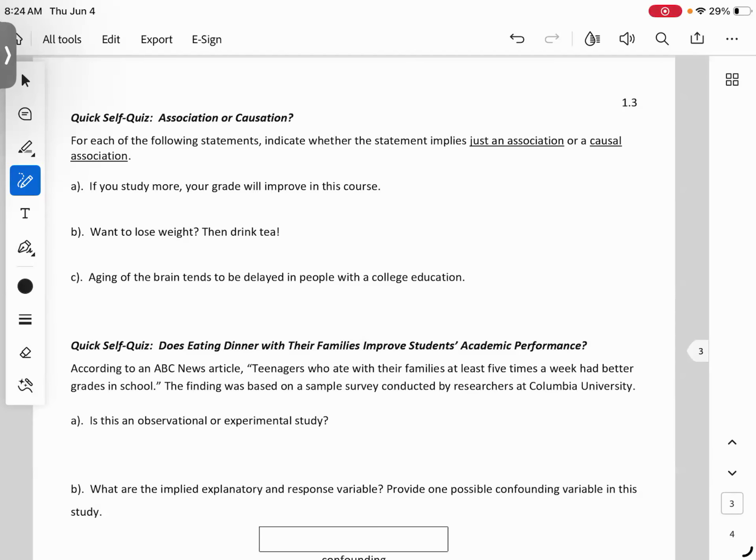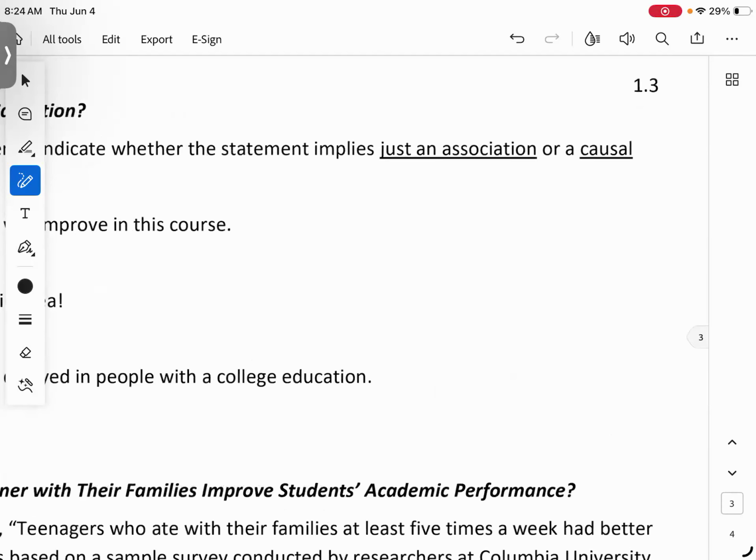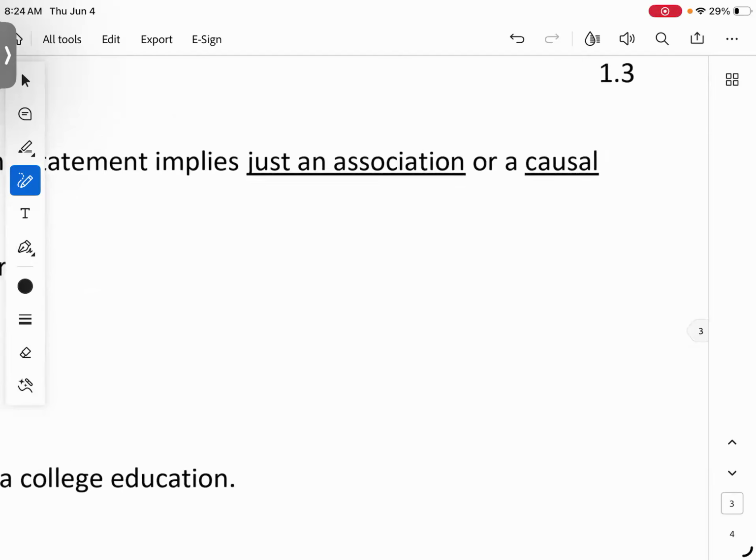A quick little quiz here, and I do this because there's going to be a homework example that asks you to read a statement that would be the conclusion of a study.